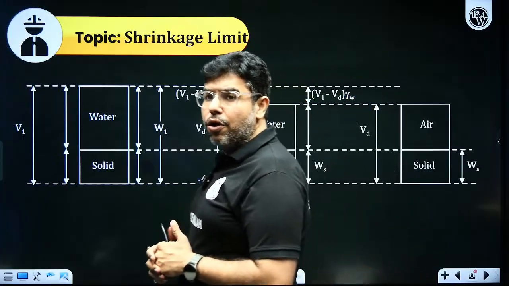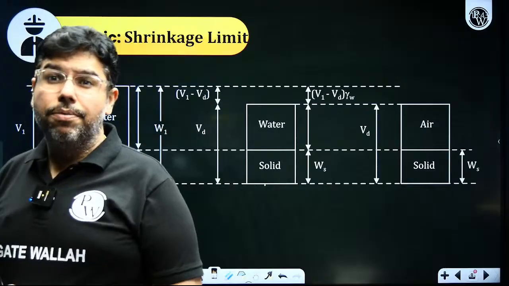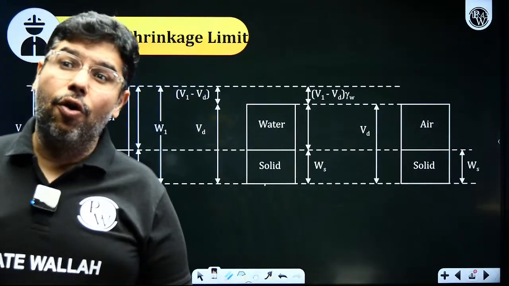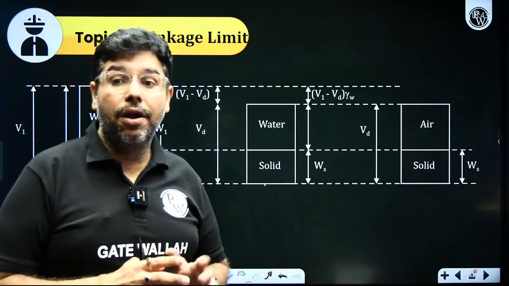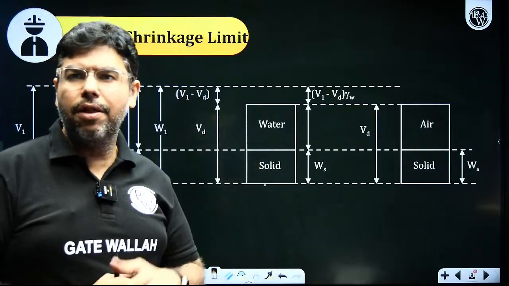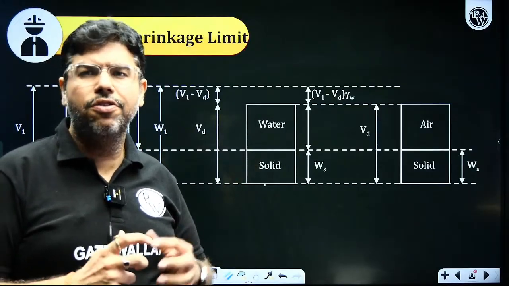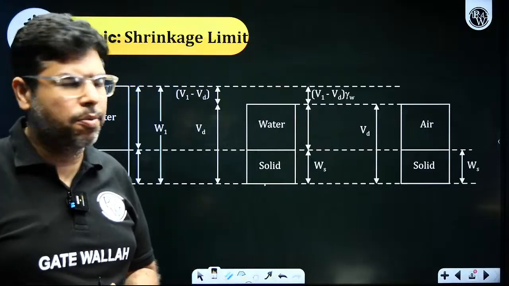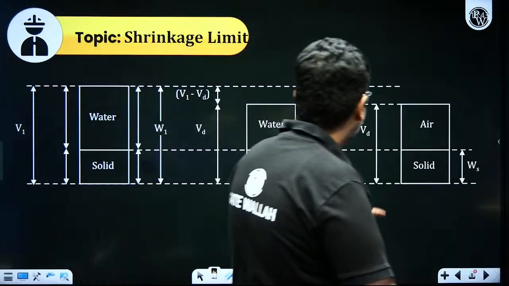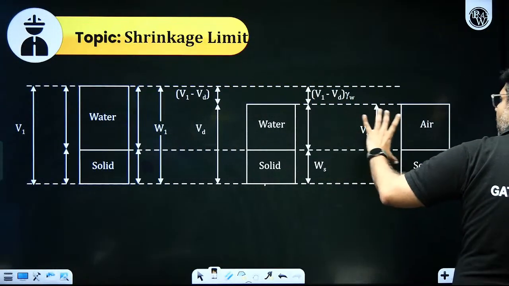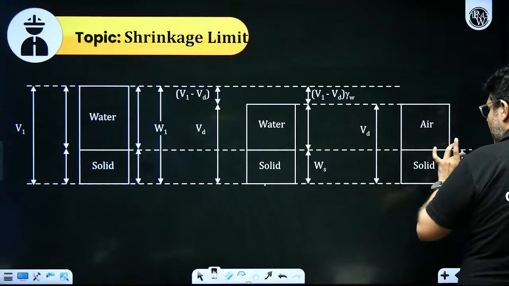Now, after that, what will you do? You will dry the soil sample, and after drying, you will again record its weight. The weight is recorded by the weighing scale, and the volume is recorded with the help of the mercury displacement method. So again, you will dry the soil, and record its volume Vd as well as Ws.